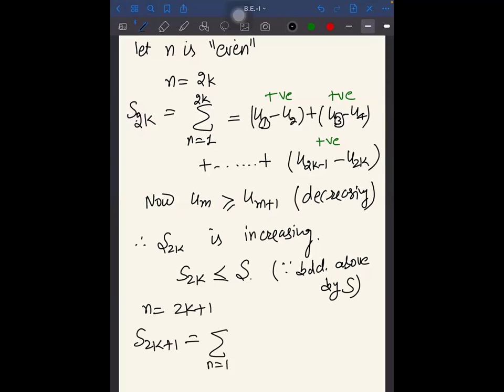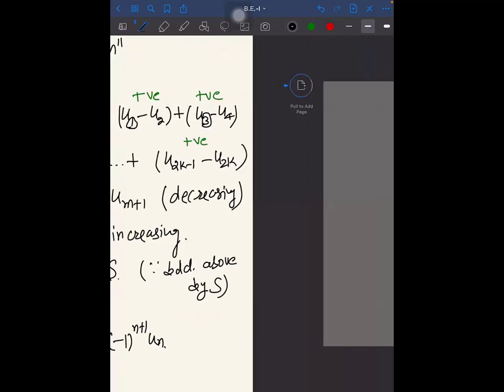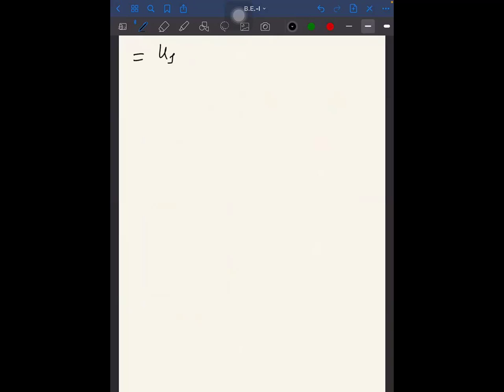Summation n runs from 1 to 2k plus 1, and minus 1 raised to power n plus 1 un. I again forgot over here. So that would be something like u1 minus u2 plus u3 minus u4 and so on.